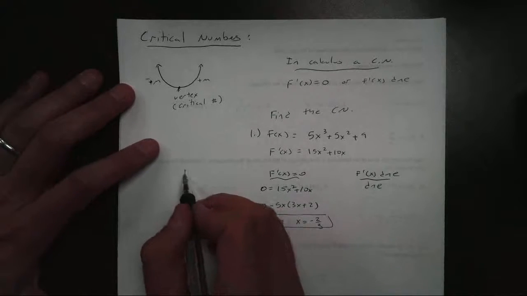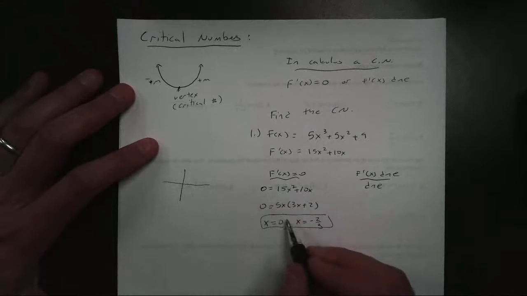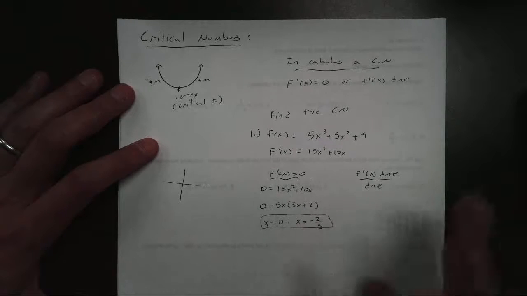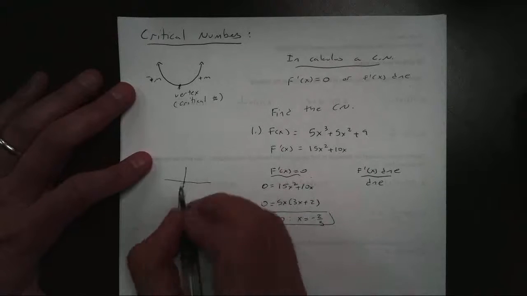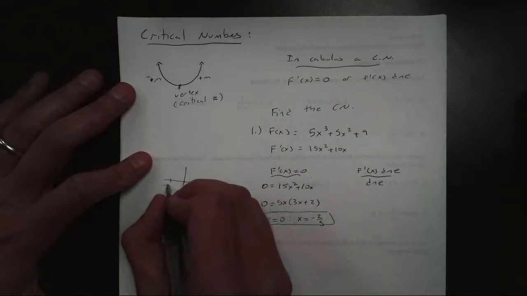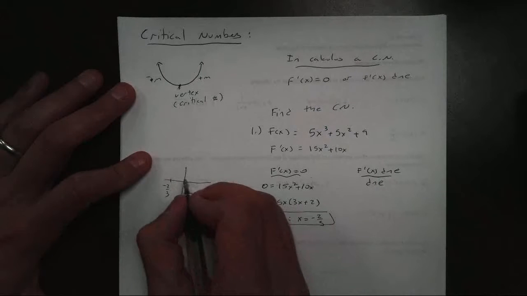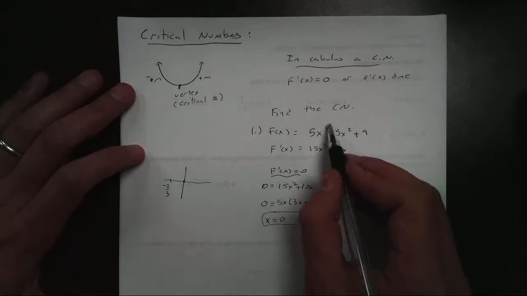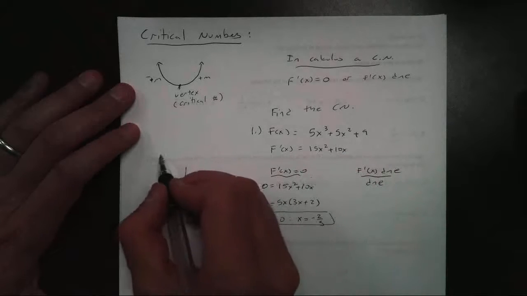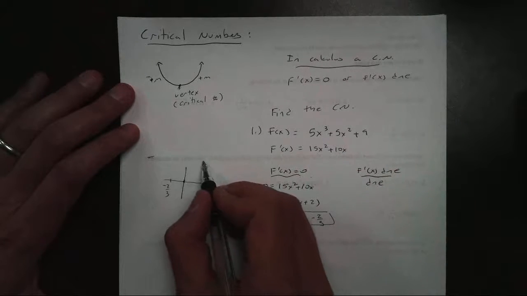Now, why are these so important? Remember, this is telling me where the slope changes in this case. For the most part, there's a little more to it. We'll get to that later on. So what it's telling me is that at 0 and at negative 2/3, something is happening. Well, we know from pre-cal that this is an odd positive function, so it starts negative and ends positive.